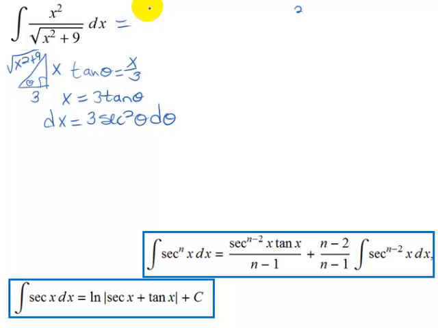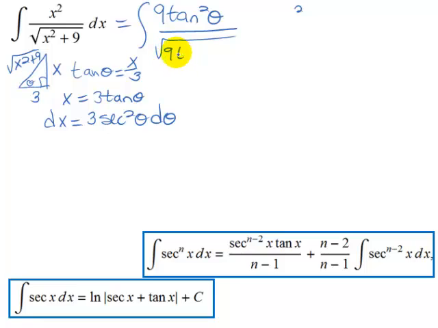So we've got our substitutions ready. We need x squared, so that's going to be 9 tangent squared theta. And then we've got the square root of x squared, that was 9 tangent squared theta, plus 9. And then our dx is going to be 3 secant squared theta d theta.